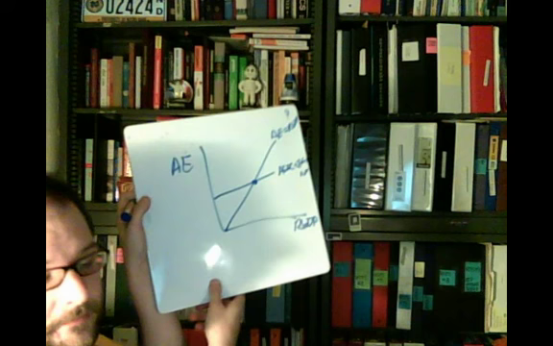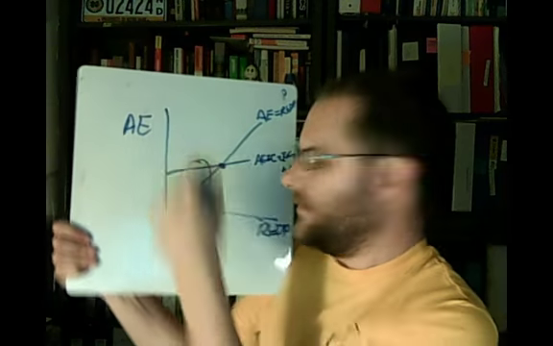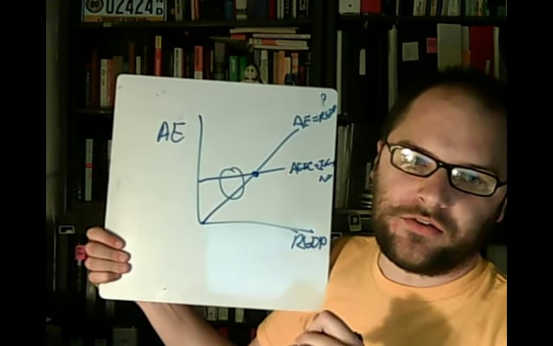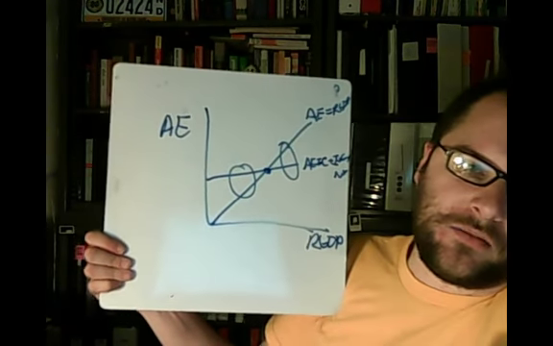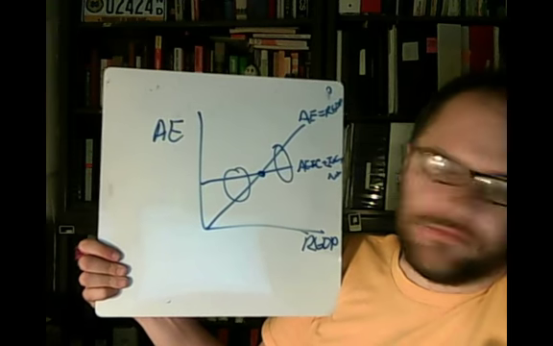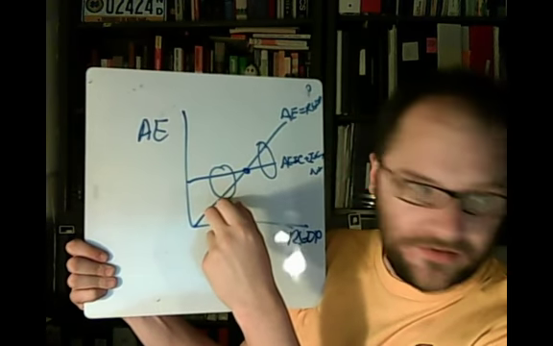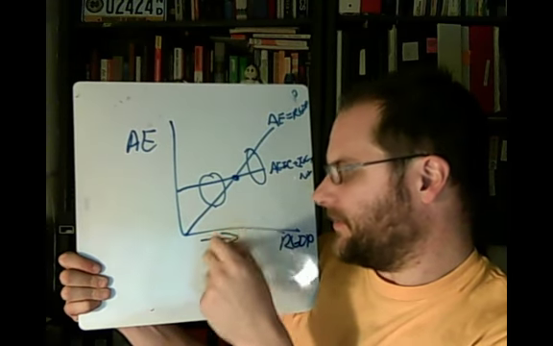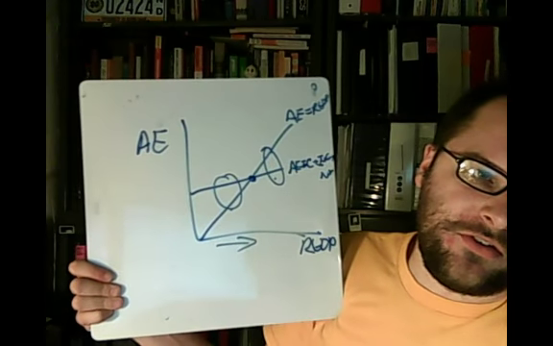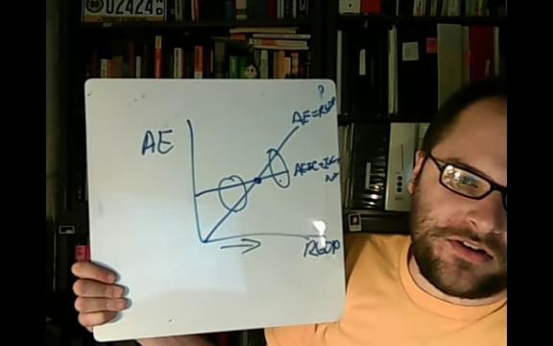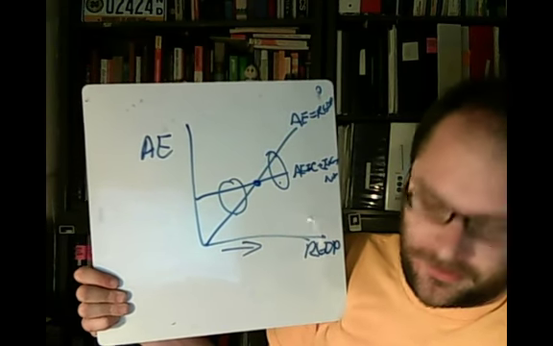Here's my equilibrium again, right there. Here we have an unplanned decrease in inventories. Here, we've got an unplanned increase in inventories. The reaction to an unplanned decrease in inventories is that you start to increase production to replenish your inventories. On this side, the unplanned increase in inventories, you react by decreasing how much production you have.